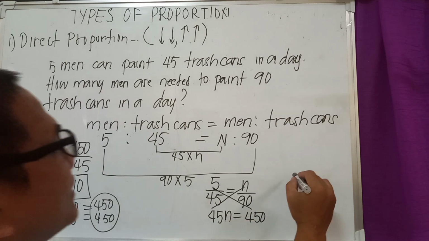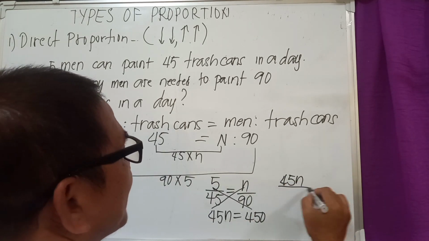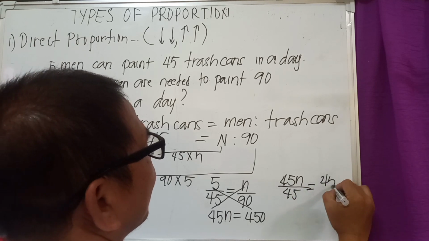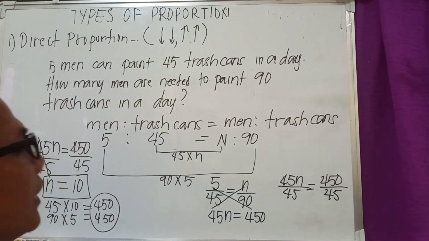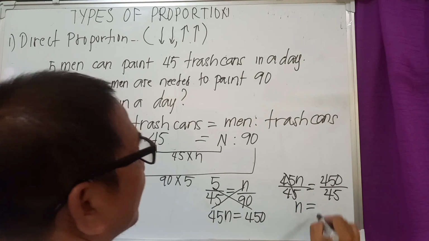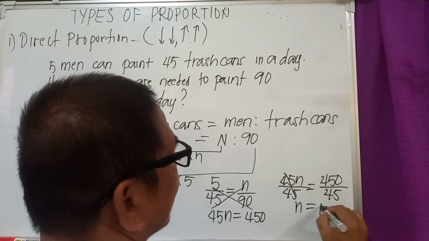Divide both sides by 45 is equal to 450 divided by 45. Cancel. That gives you n. 450 divided by 45 is 10.